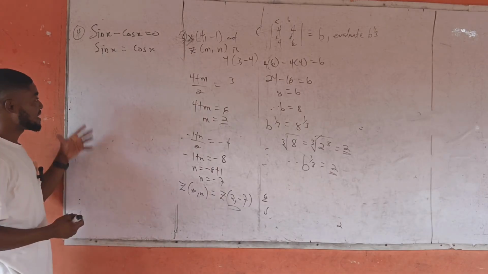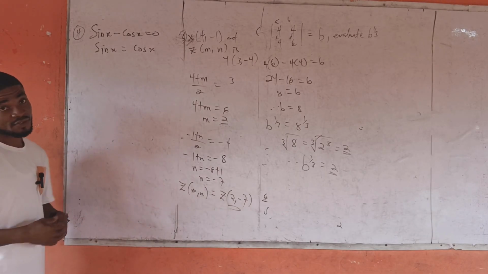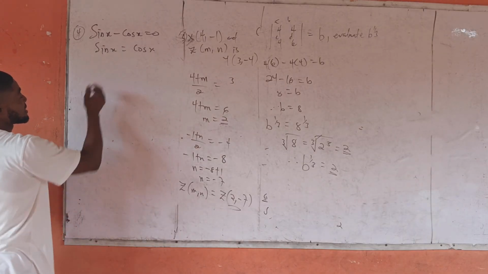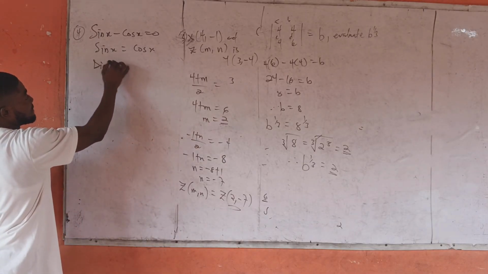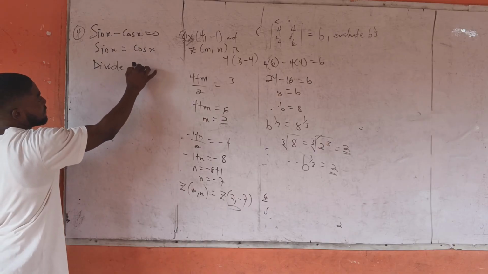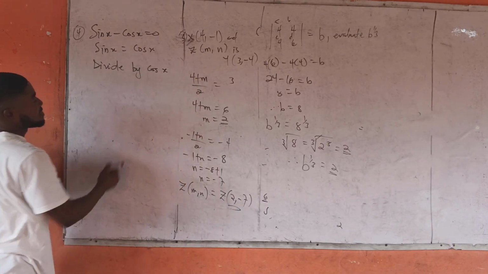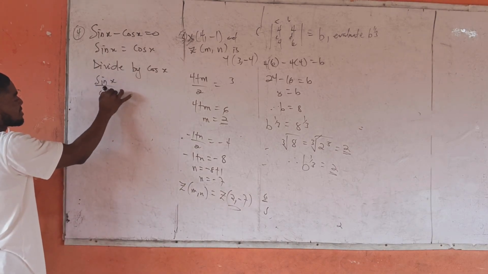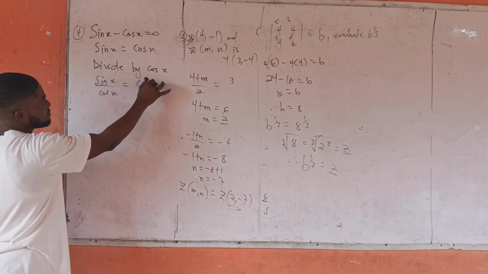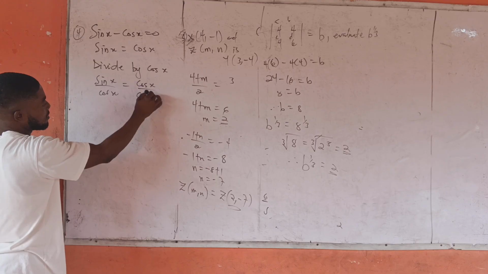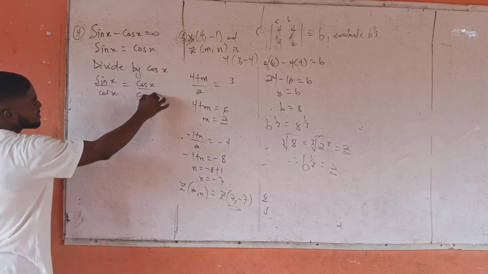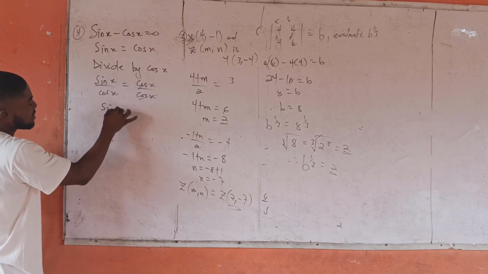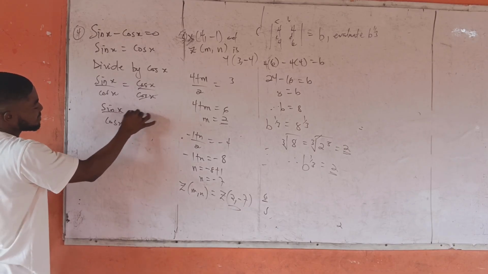Now we make this simpler by dividing through by cos x. And then this will give us sine x over cos x is equal to 1.